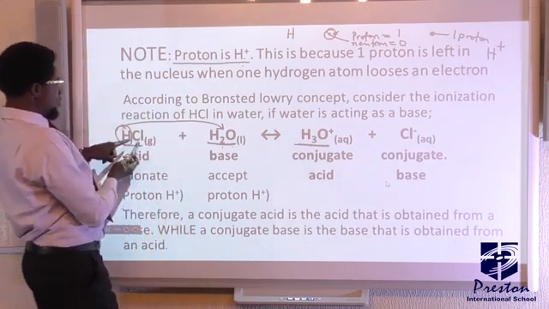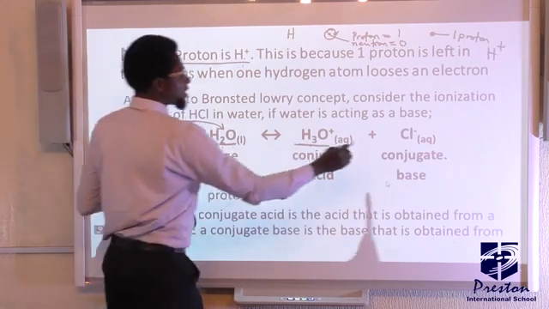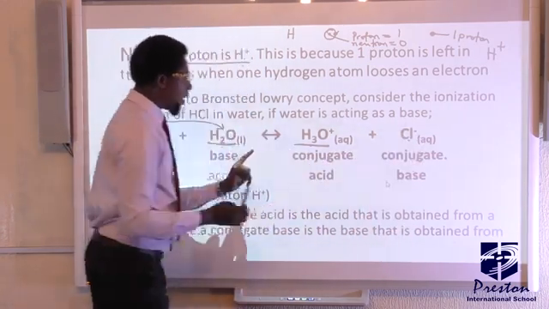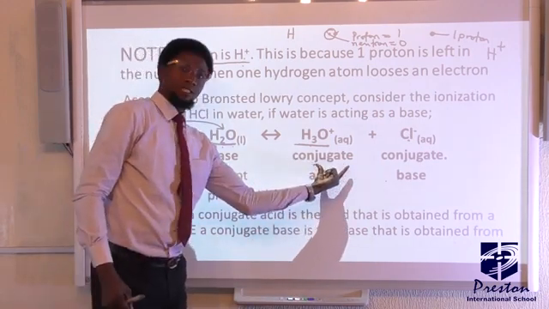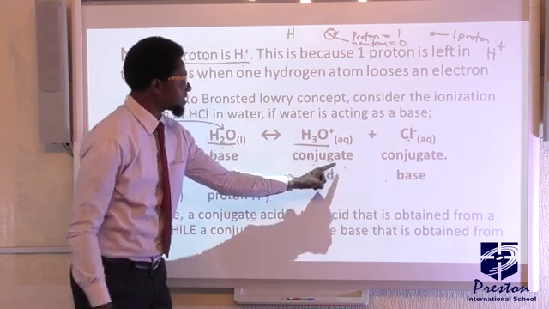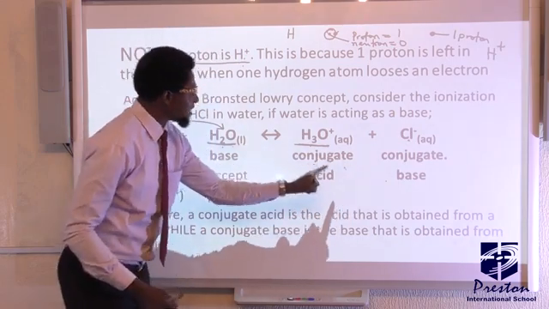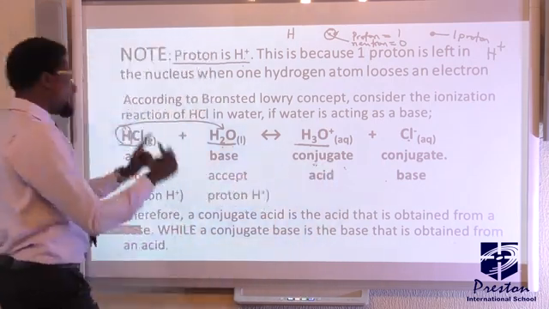Then, the moment you remove this H+ from this HCl, what are you left with? You are left with Cl-. Now, this one will now become the second acid of that reaction, and this second acid is called the conjugate acid. Conjugate acid is any acid that is obtained from a base.